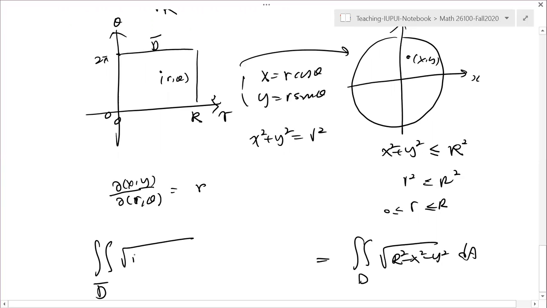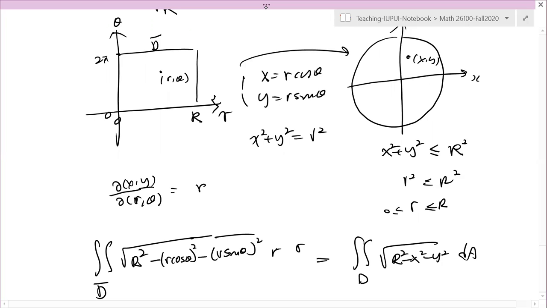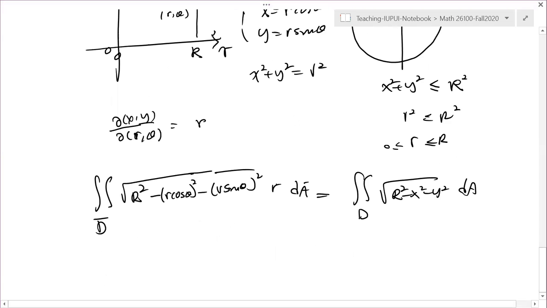And here the function: x will be r cosine theta, y will be r sine squared theta, and here's r. Then that will be, with the Jacobian r, dr d theta.